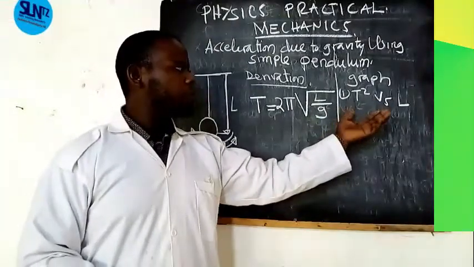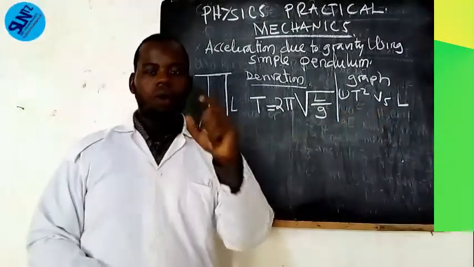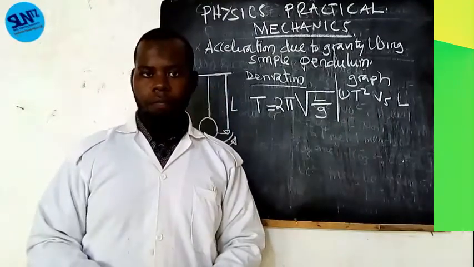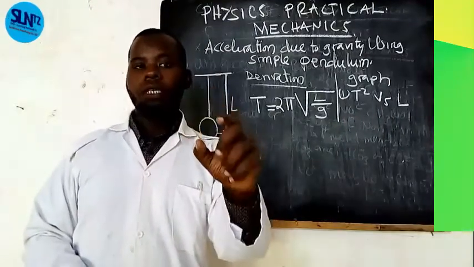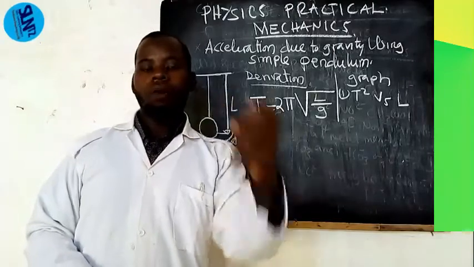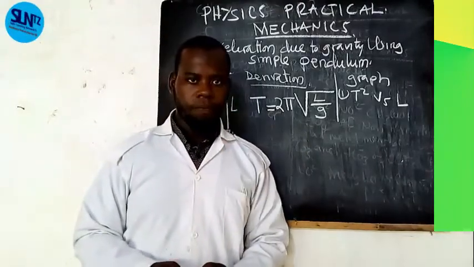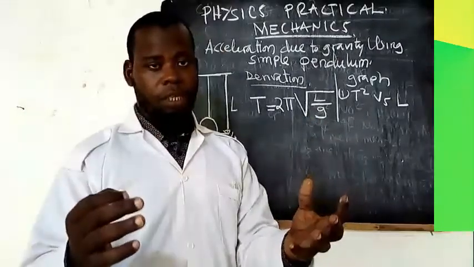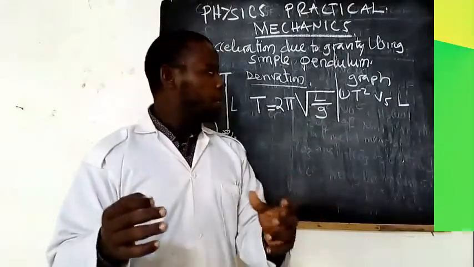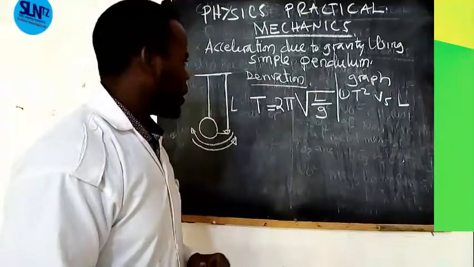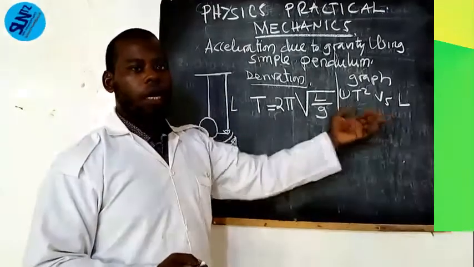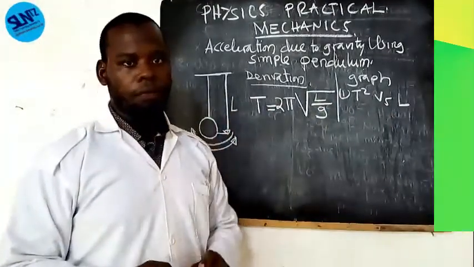So if you meet with this question, what will be the nature of the graph and what will be the way of calculating acceleration due to gravity? Can you suggest? I'm going to show you how to reach here, and I will show you the nature of the graph.